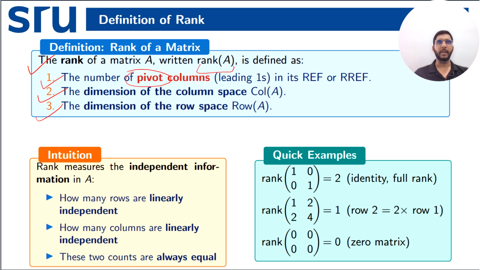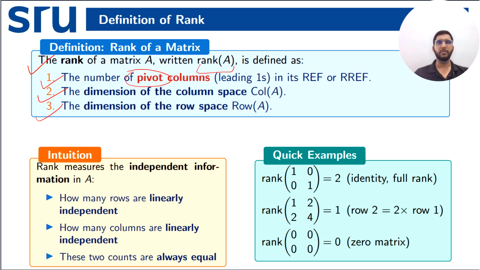And a very important theorem states that row rank will be equal to column rank, and therefore we simply call this number the rank of the matrix. Both column rank and row rank will always be equal.